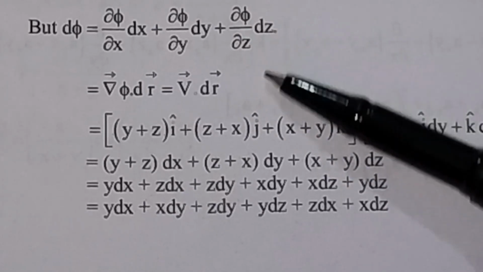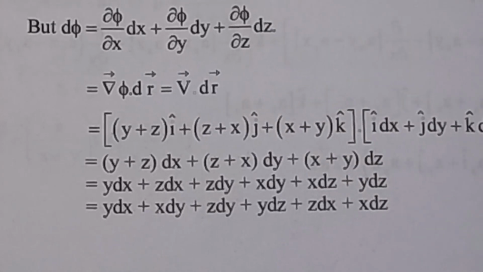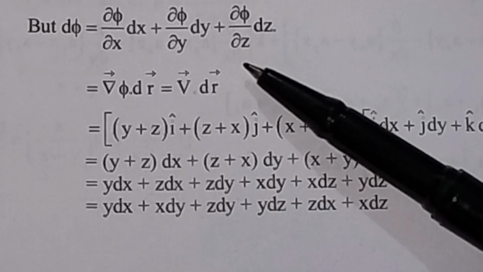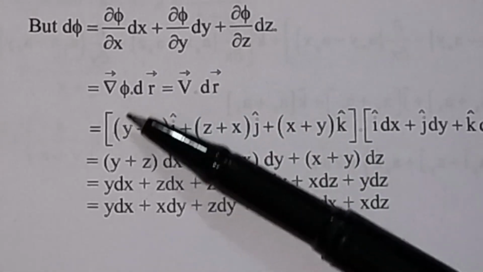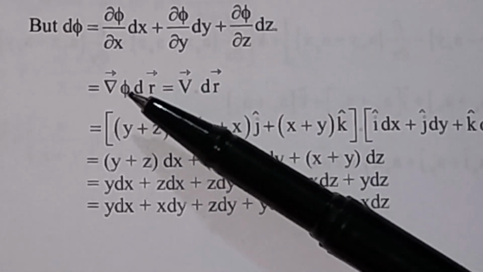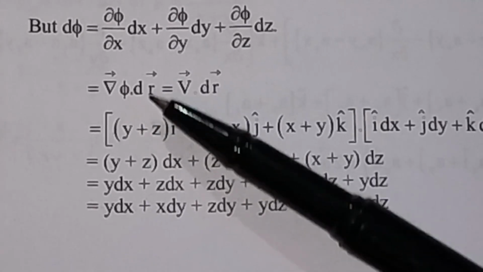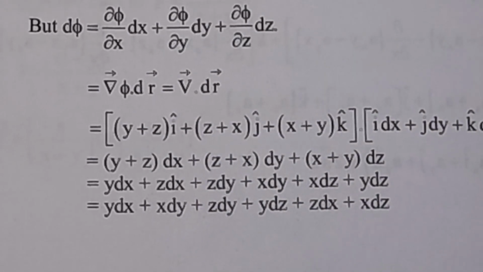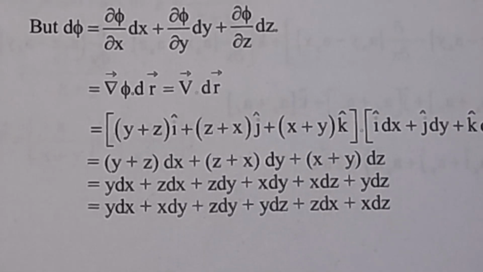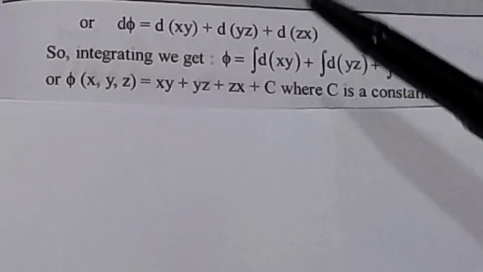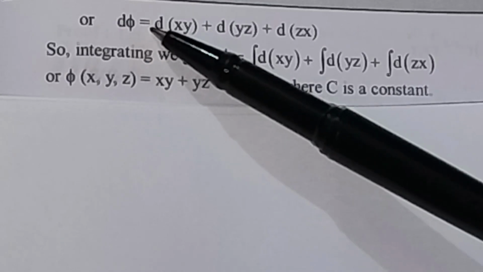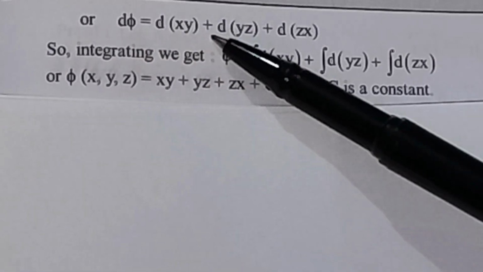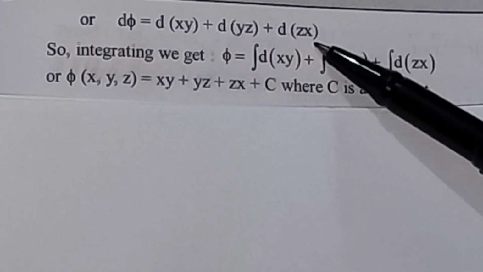This we have proved in the previous video for the gradient. So the left hand side can be written as d phi, and the right hand side can be written as d(xy) plus d(yz) plus d(zx).